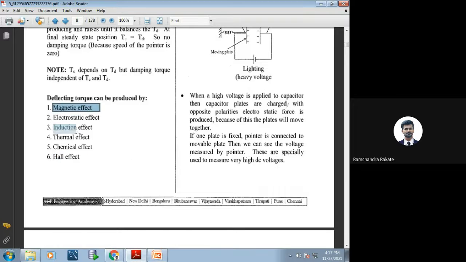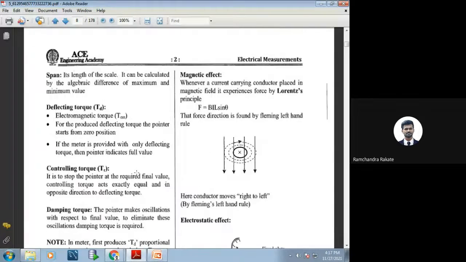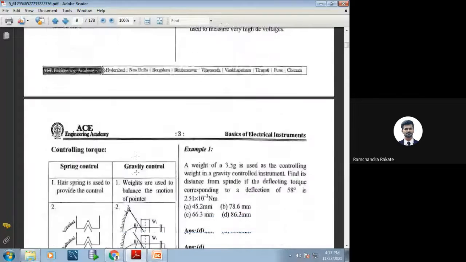On the induction effect, we have a certain instrument. For the thermal, we have thermocouple and all. For the chemical, and for the voltmeter, we have the electrostatic effect. So on the basis of these effects, we are producing the deflecting torque, and accordingly we will utilize all these effects.